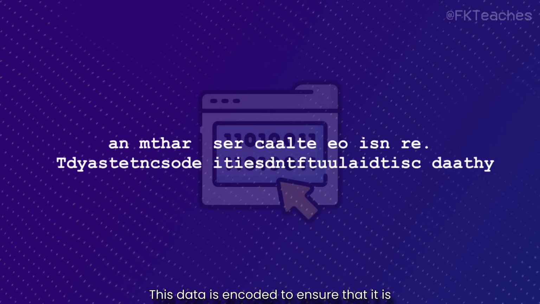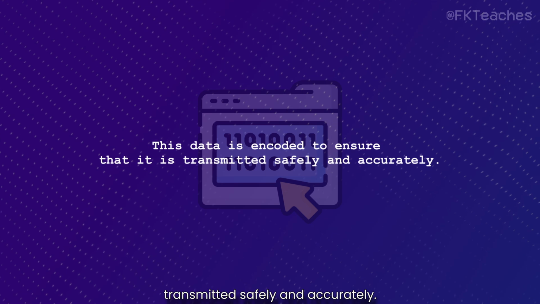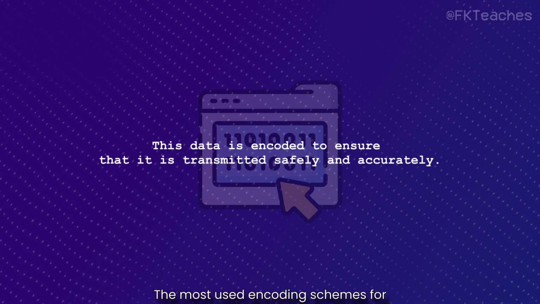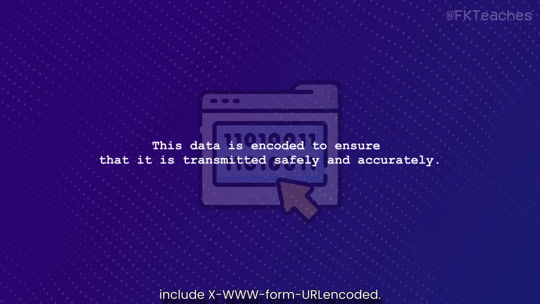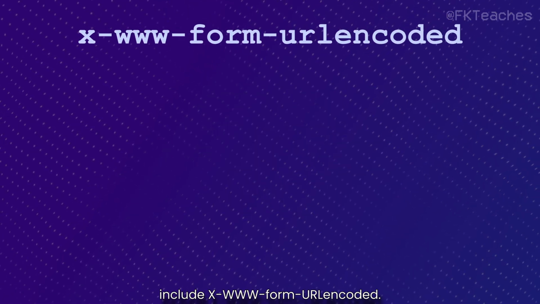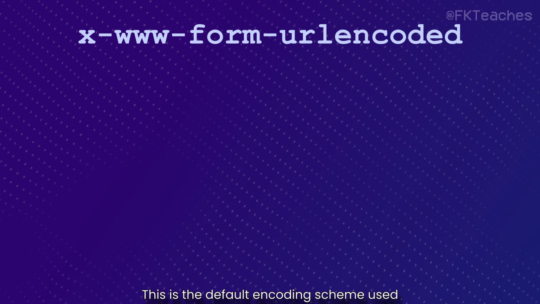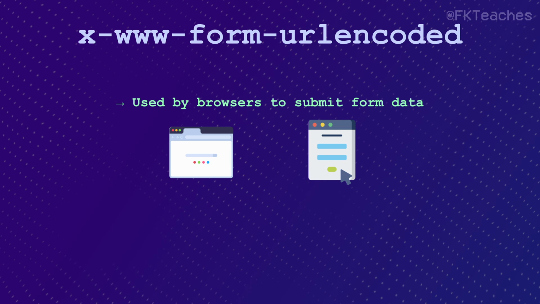This data is encoded to ensure that it is transmitted safely and accurately. The most used encoding schemes for transporting data include application/x-www-form-urlencoded. This is the default encoding scheme used by browsers to submit form data.